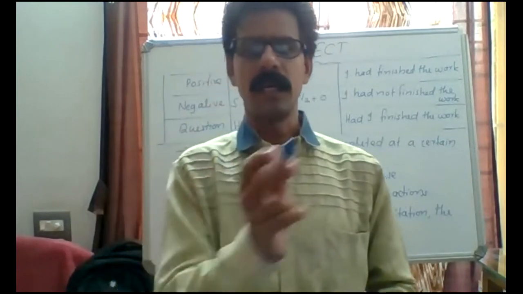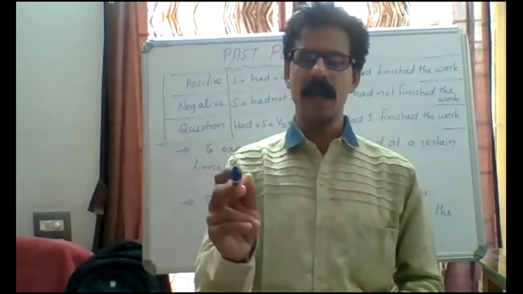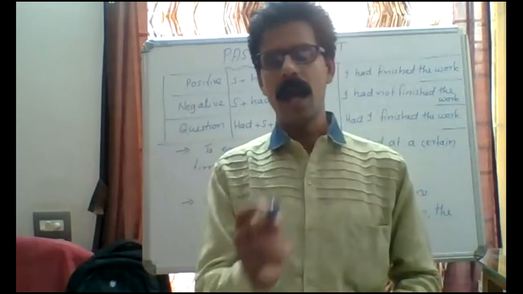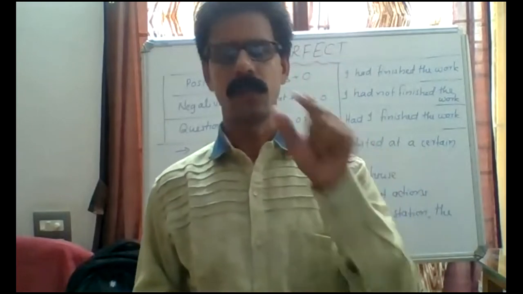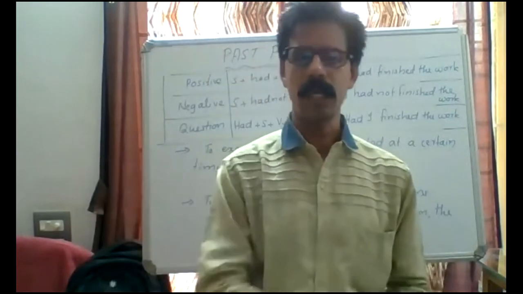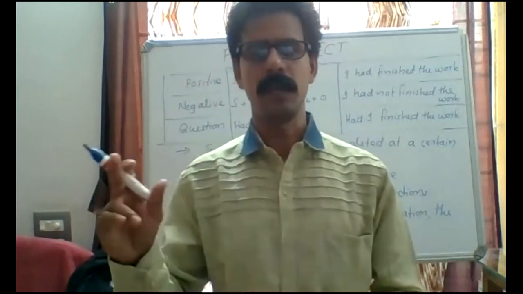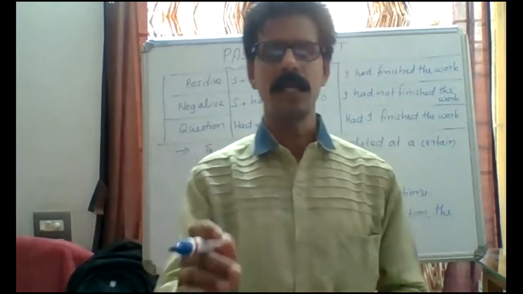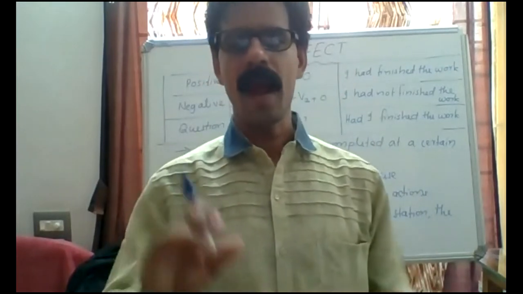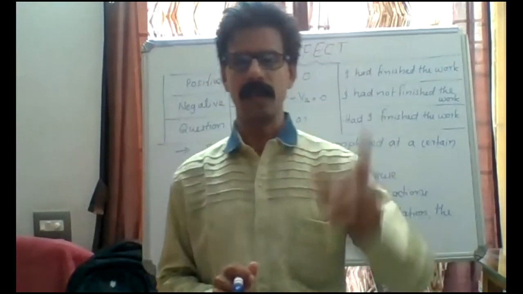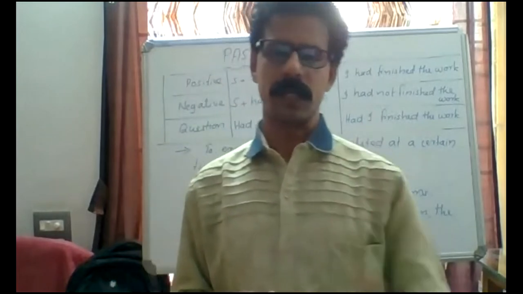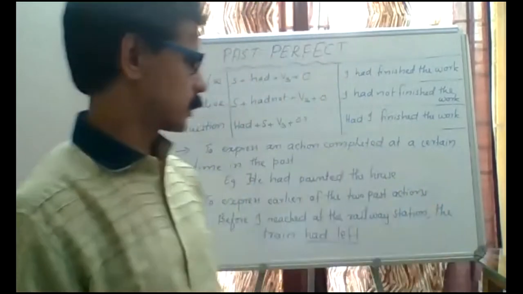After had comes the subject, he, and reached is the third form of the verb. When had she seen me? In this way, we can express the questions. So WH questions are also finished.